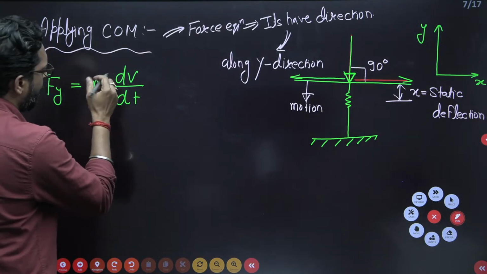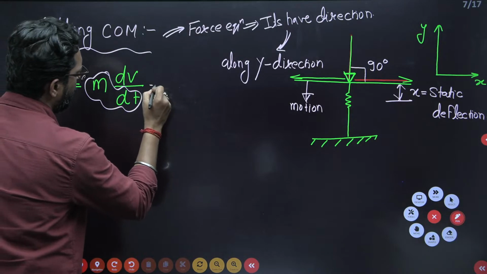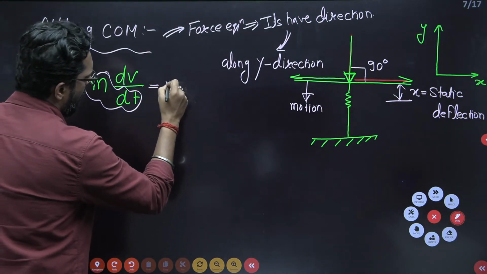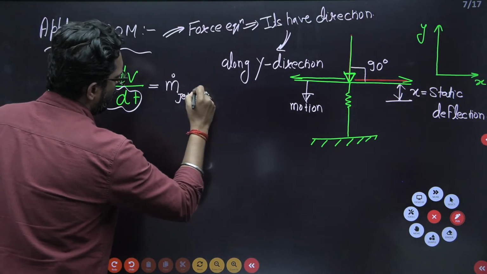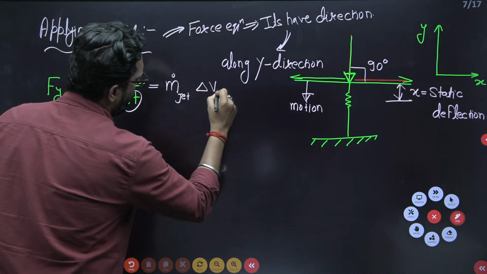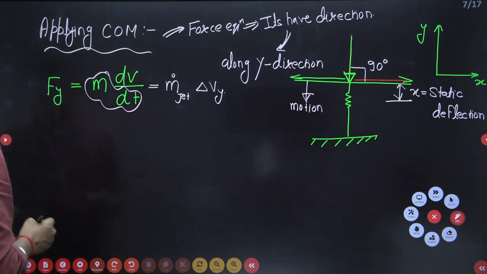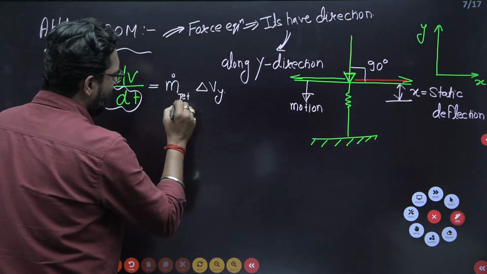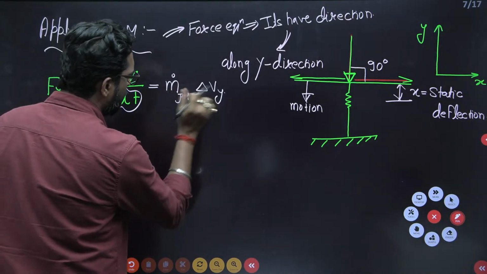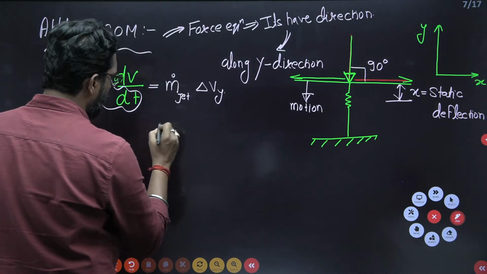So if we take dm by dt in the limit, this is the mass flow rate of the jet, equal to the change in velocity in the y direction. So this is mass into change in velocity.